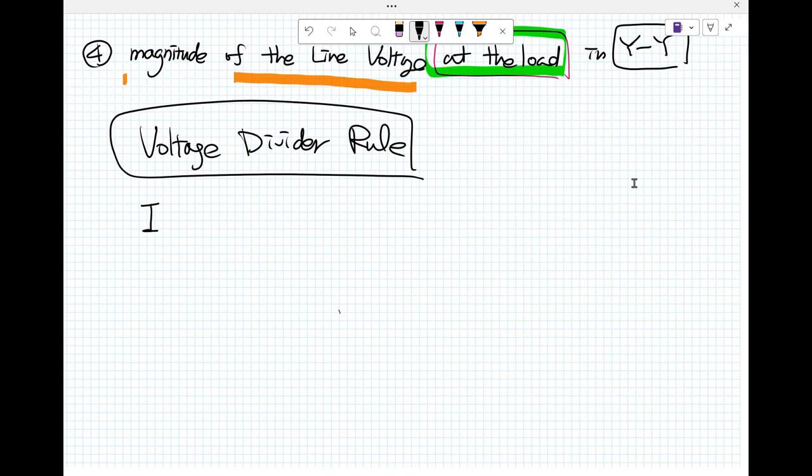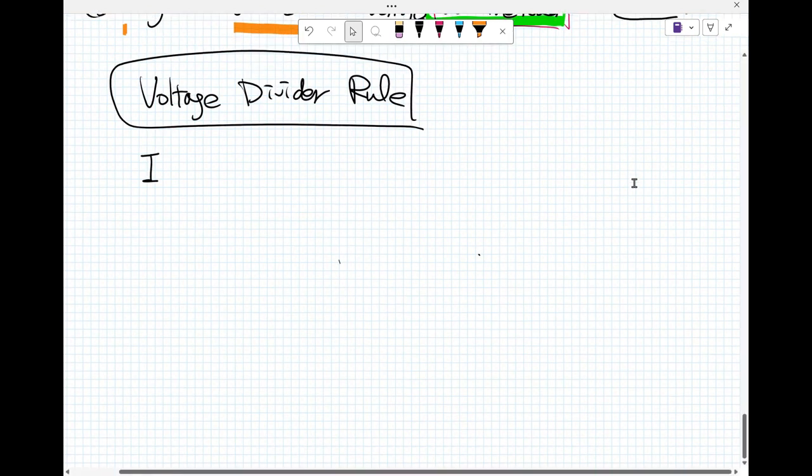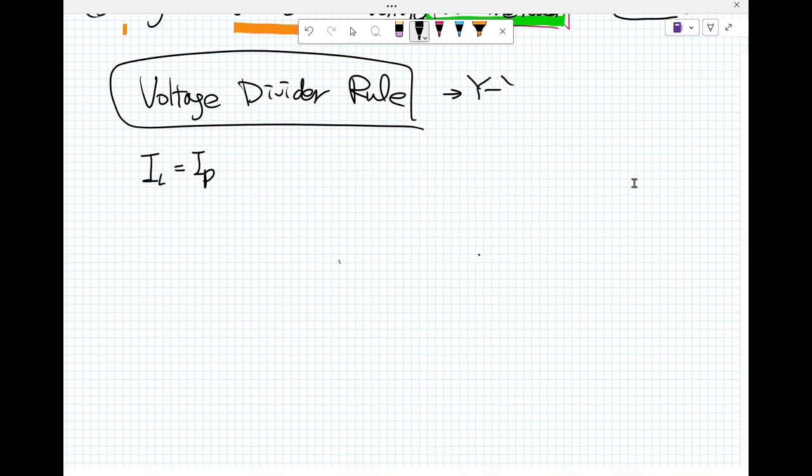So what is the line voltage first, over the phase voltage. The line voltage at the load means, we know the current is what? Go back to here. I sub L, I sub P in the Y to Y connections. That was 15.7 at minus 37.7.